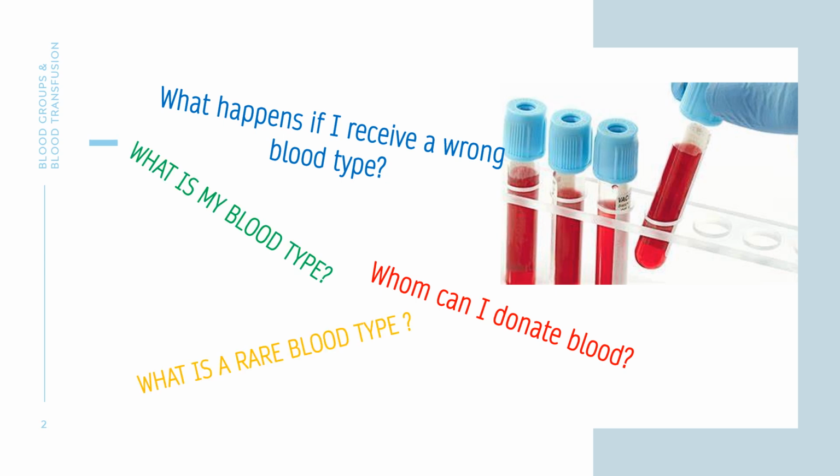What is my blood type? Or do you even know that there are a lot of rare blood groups, and which are those? In this video, we are going to deal with all of these questions and a little more, where we are going to understand all about the blood groups in human beings.